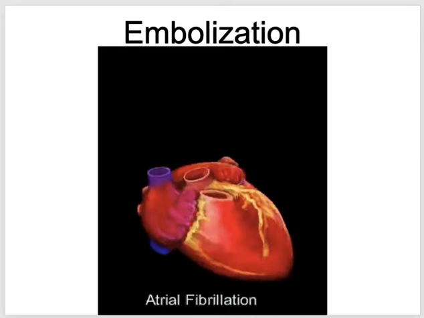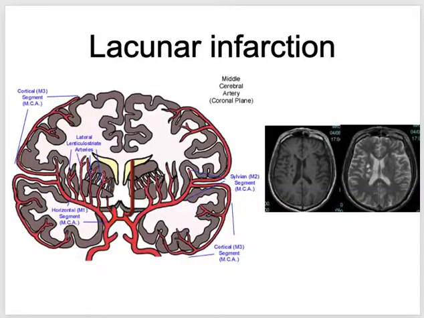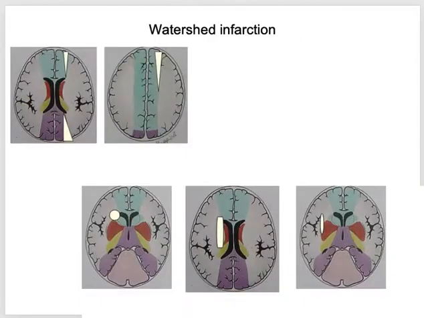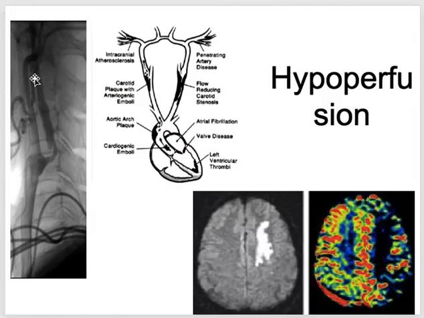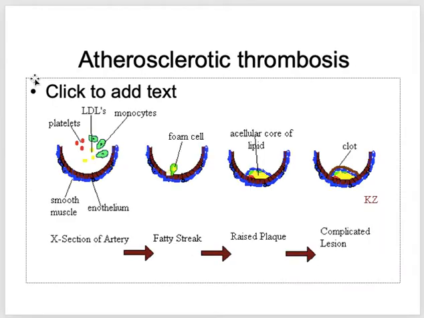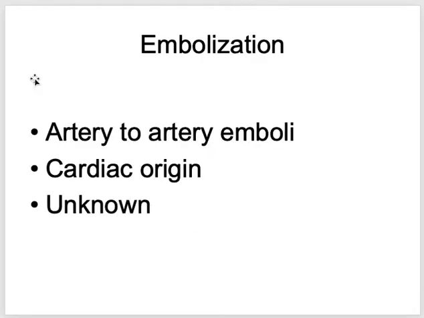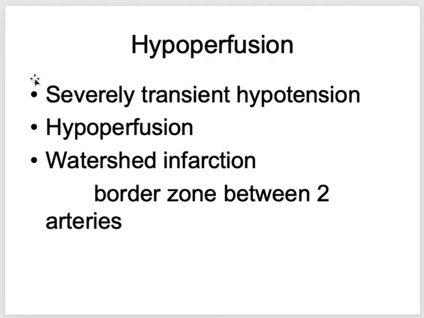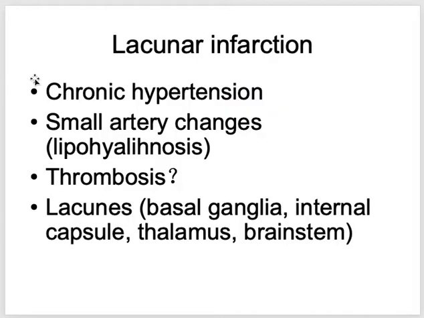Of course, the first and the most important investigation which we do is, I explained all this yesterday, watershed area and all this stuff. CT scan or MRI are the best investigations, no matter if it is hemorrhagic stroke or ischemic stroke.